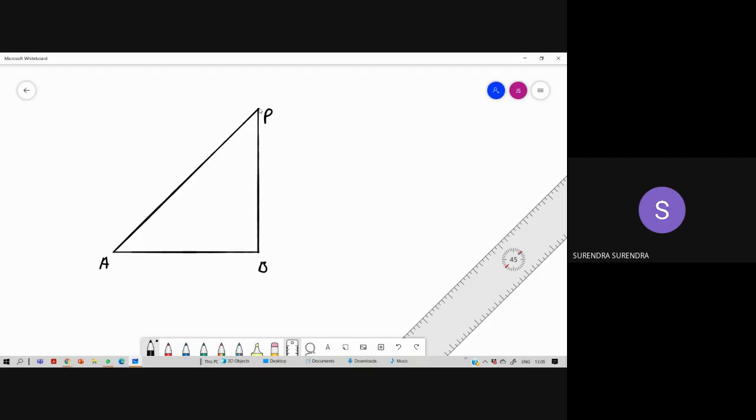Now join AP with a straight line, and with B as center and radius equal to AB, 30 mm, draw an arc joining A to P.